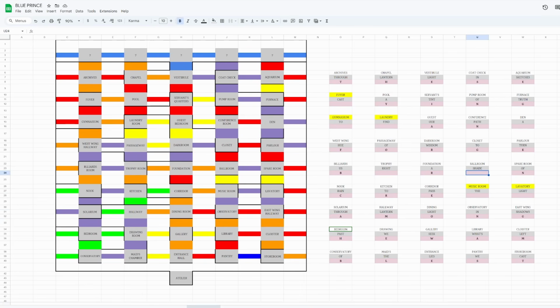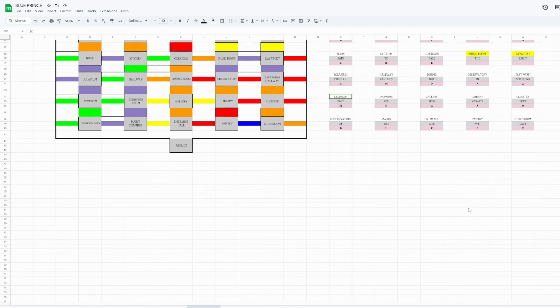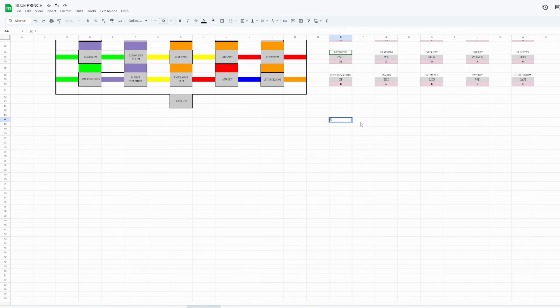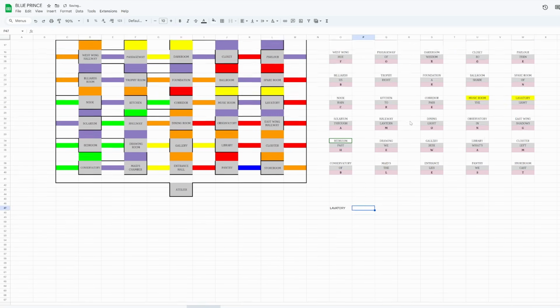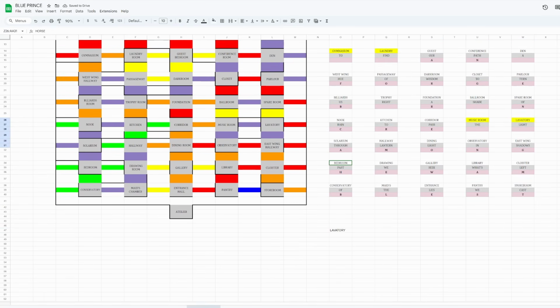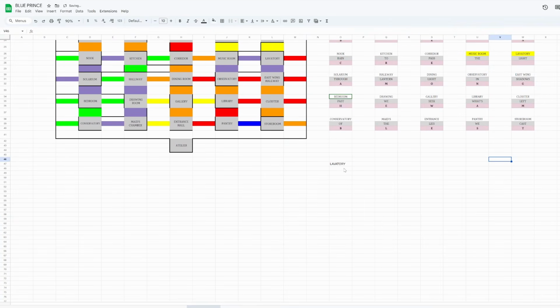Ballroom, so we could do ballroom too. Ballroom is the pig. Maybe we just scroll down. So, lavatory. Let's just take these guys and move them down here. Let's do the ballroom. So the ballroom one is the pig and the melody. So it could be pig, it could be boar.